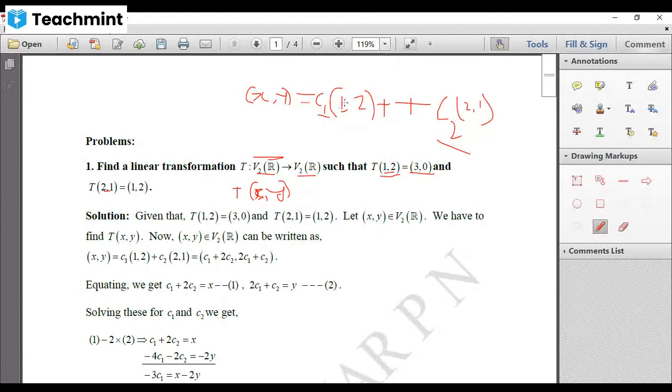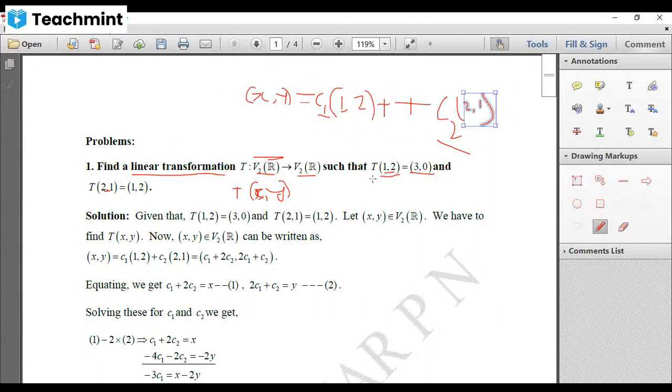Suppose you assume this is our vector alpha 1 and this is our vector alpha 2, then this is of the form T of C1 alpha 1 plus C2 alpha 2. But because T is linear, we know there is a property which says that we can write the scalars outside. So you'll get C1 into T of alpha 1 plus C2 into T of alpha 2.